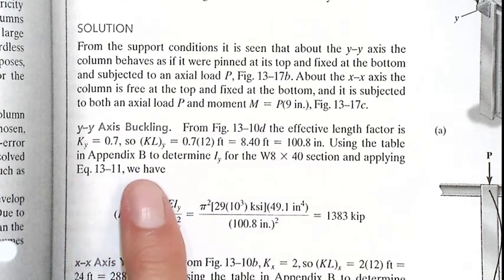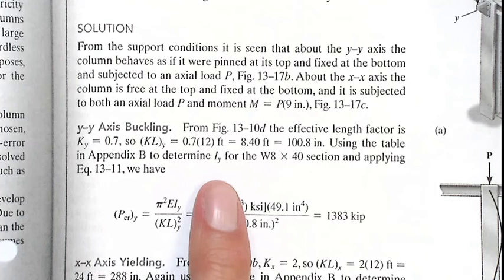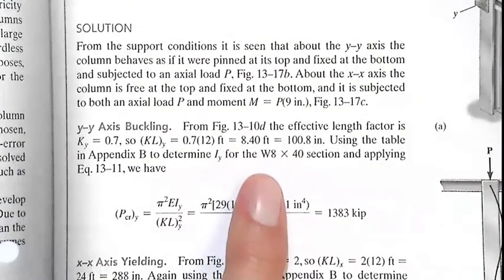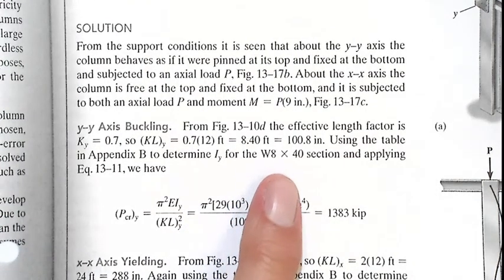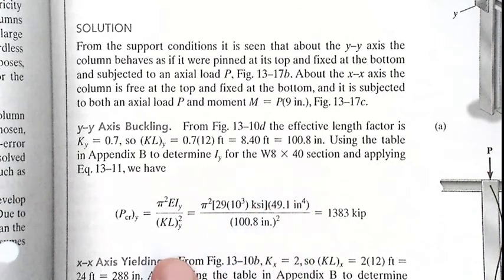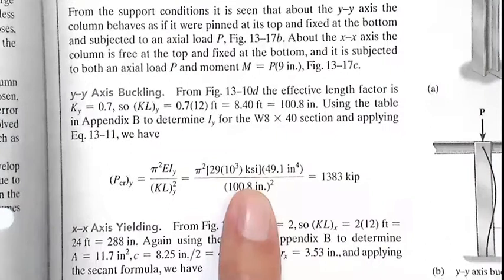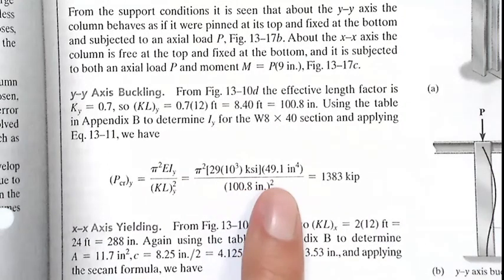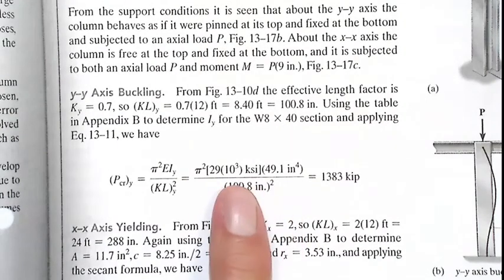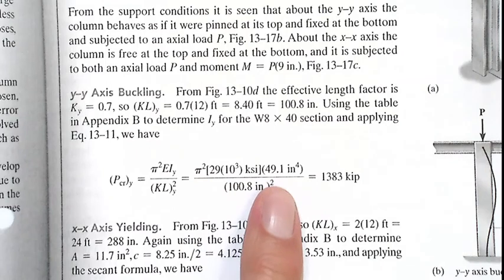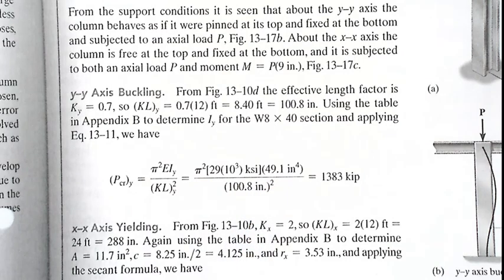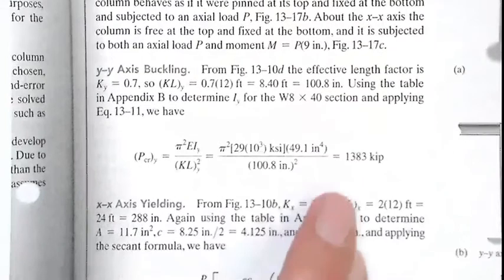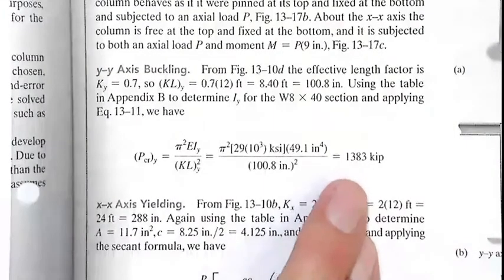Using the table in Appendix B to determine Iy for the W8 times 40 section, with E equals 29 times 10 to the power 3 ksi, and Iy equals 49.1, we get 1,383.